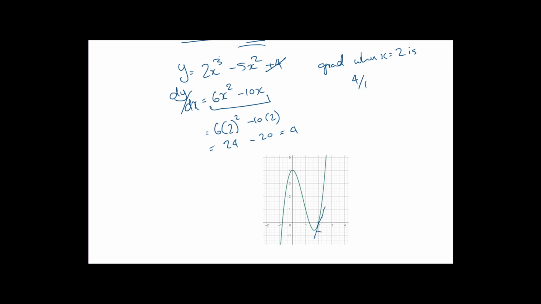For every 1 that goes across, it's going to go up by 4. That's why we do it. And notice if we did it, say x is a half, we're going to have a negative slope there. This is the only real way of finding the slope for some functions.